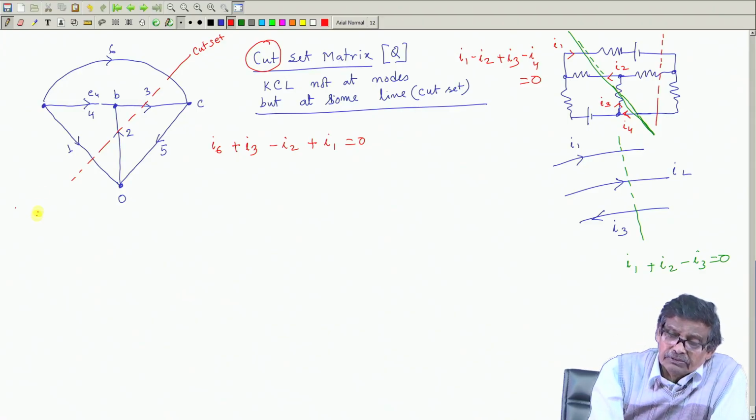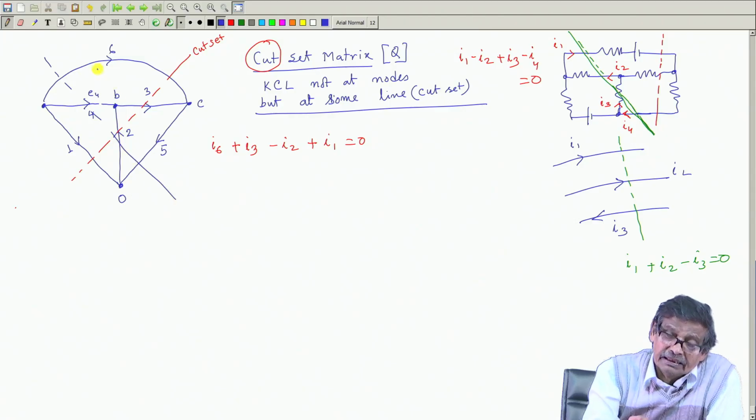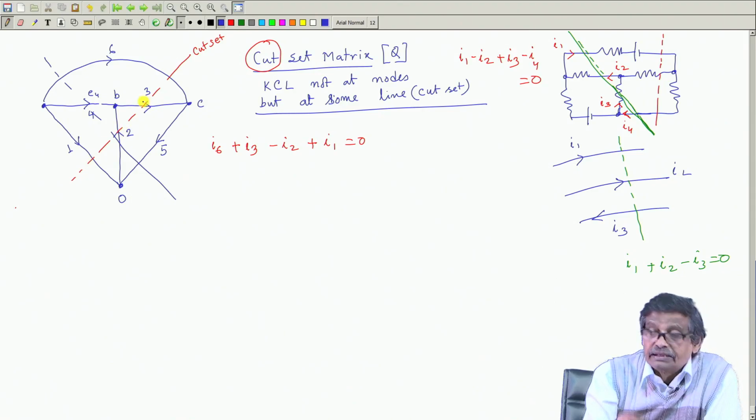Okay? So, any Cutset, this is another Cutset, one can draw a Cutset here. Then the currents involved will be I6, I4, I1, I2 and I3. I can write down the KCL equation.